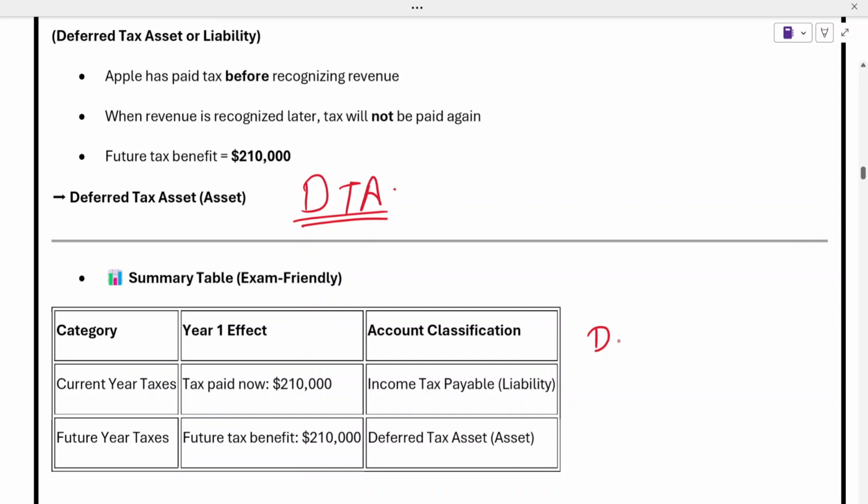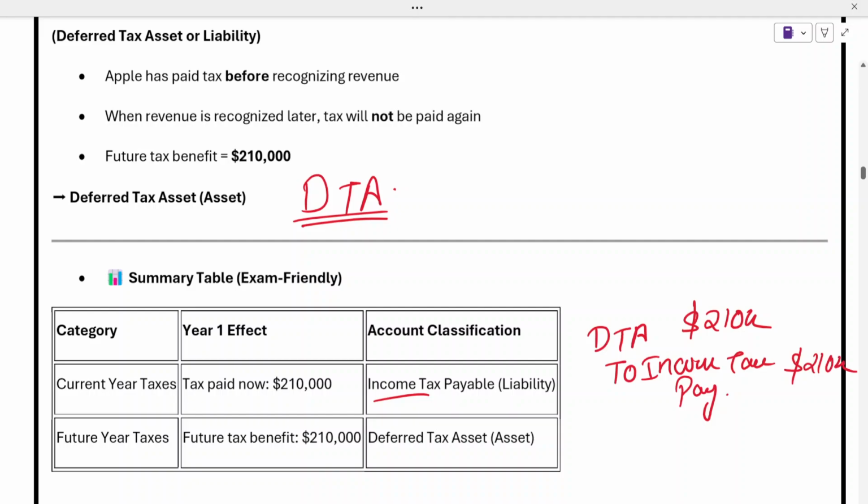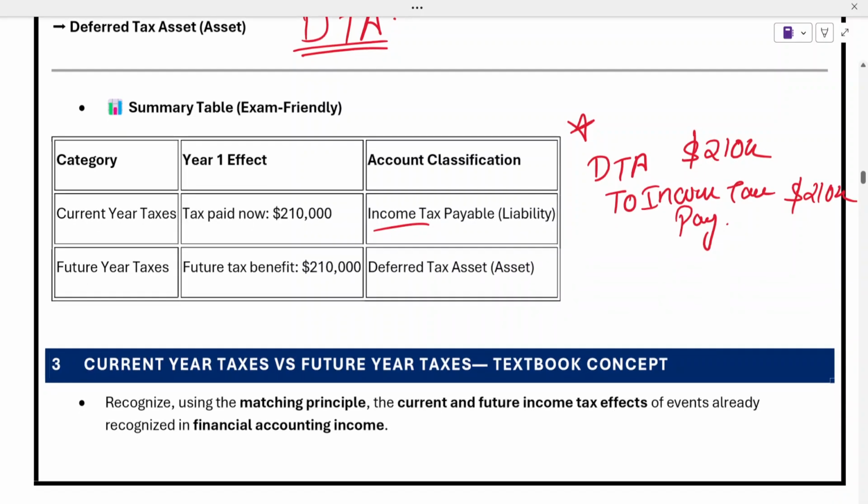Deferred tax asset is my asset, so this will be for $210,000, and income tax payable is my liability, for $210,000. So this will become your accounting entry.